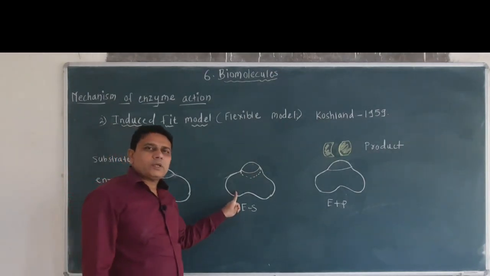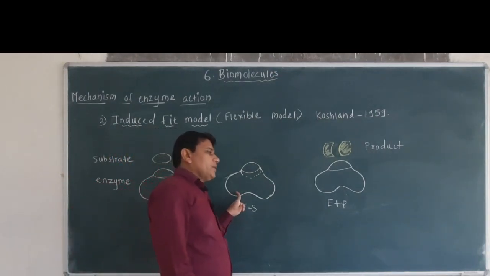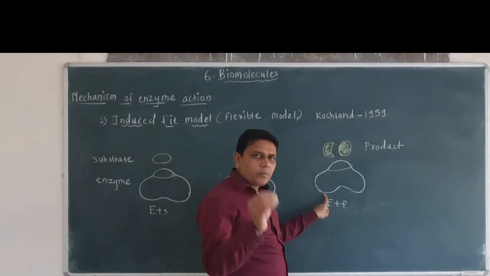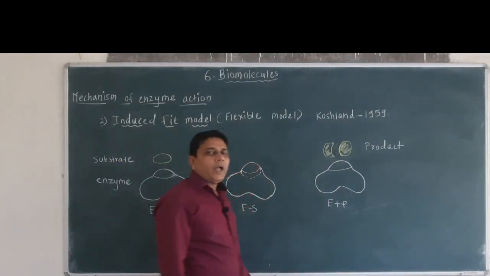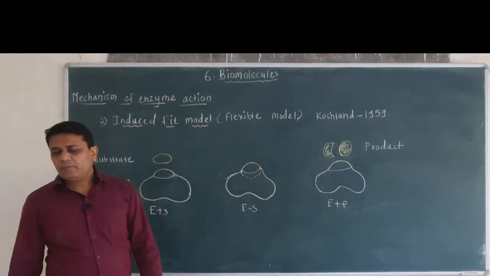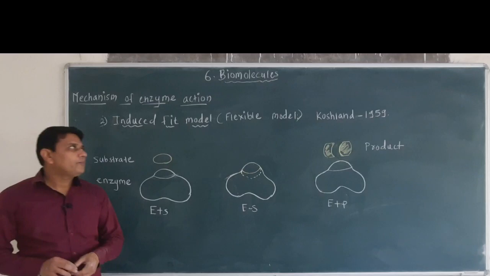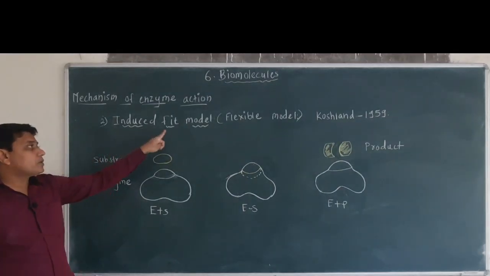Then it forms enzyme substrate complex, and after the action of enzyme, the products are released from the active site of the enzyme. So here we have seen the induced fit model.